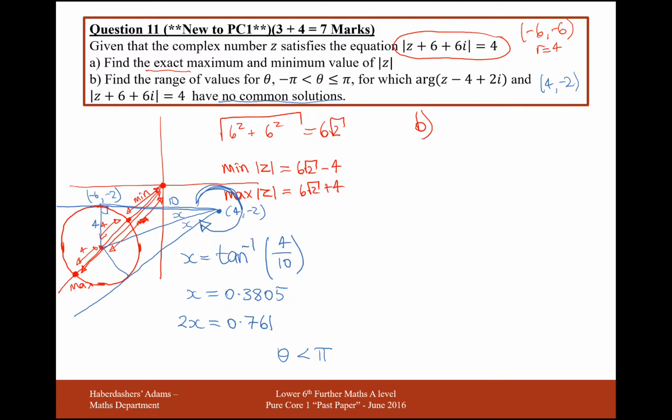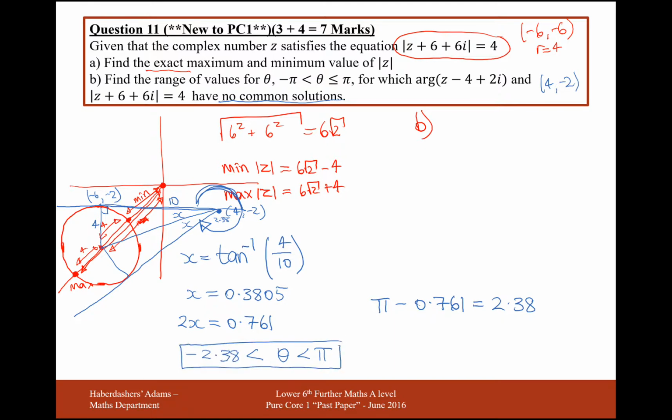To work out the point at which it reaches the blue line, I'm going to do a quick pi minus 0.761, and that will give me 2.38. So this angle round from here to here is 2.38, but seeing as it's on the negative side here, it's going to be minus 2.38.